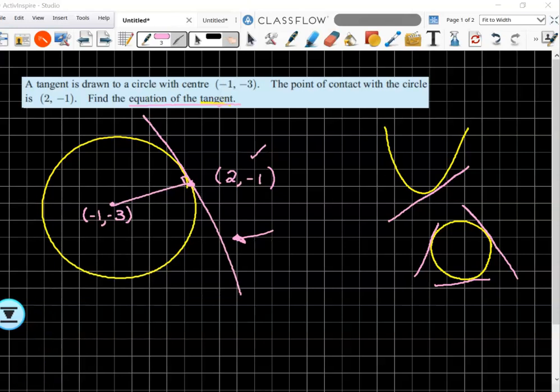So we can find the slope of the radius, and because the tangent is perpendicular to it, the negative reciprocal would be the slope of the tangent. People at home might be hearing blank there, but she's saying find the slope of the radius because you've got 2 points here.